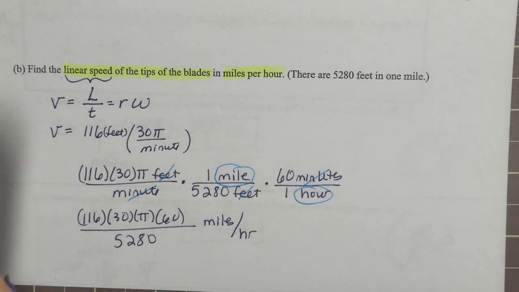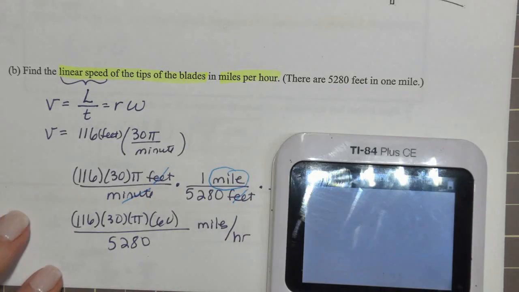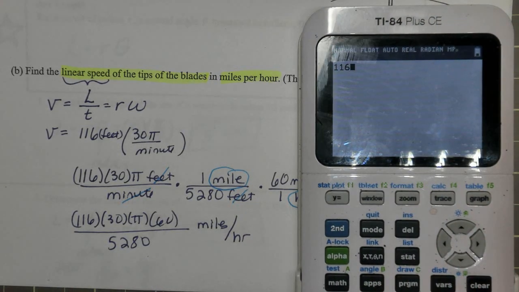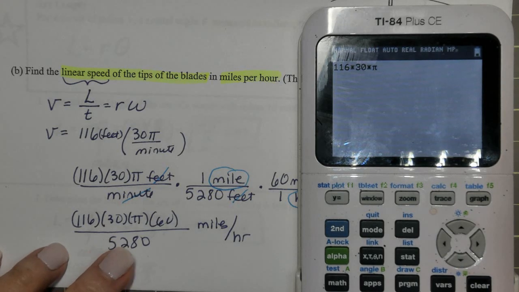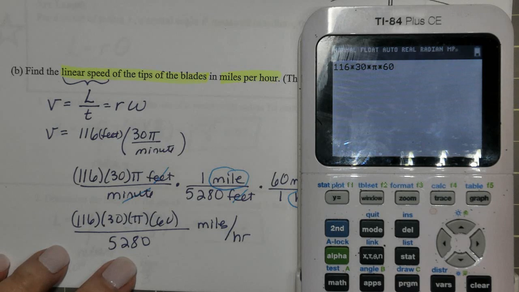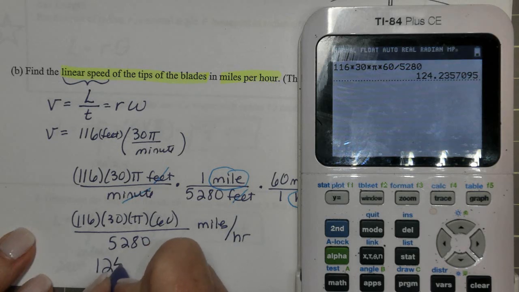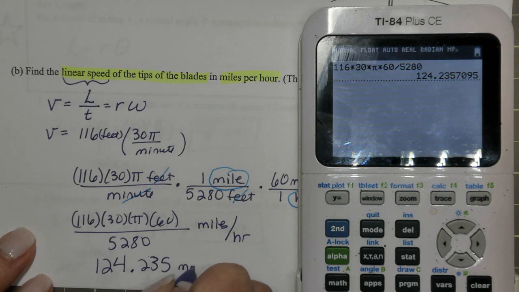Want to know how fast these blades go? Let's go to our calculator. Okay, 116 times 30 times pi times 60 divided by 5280. That's 124.235 miles per hour.